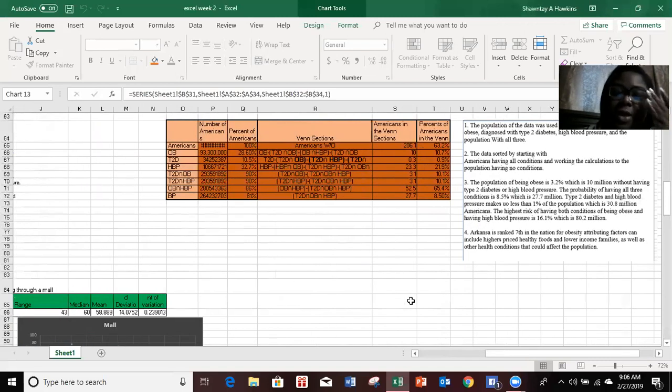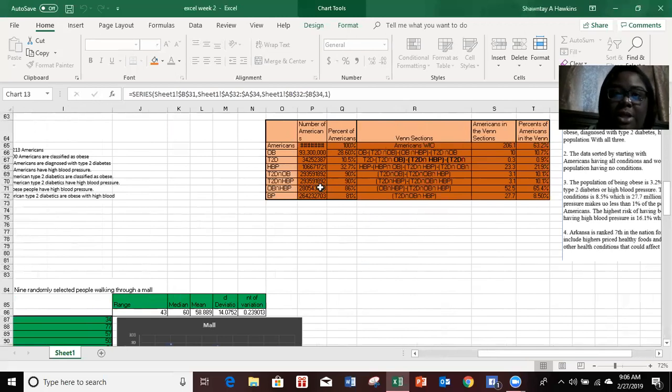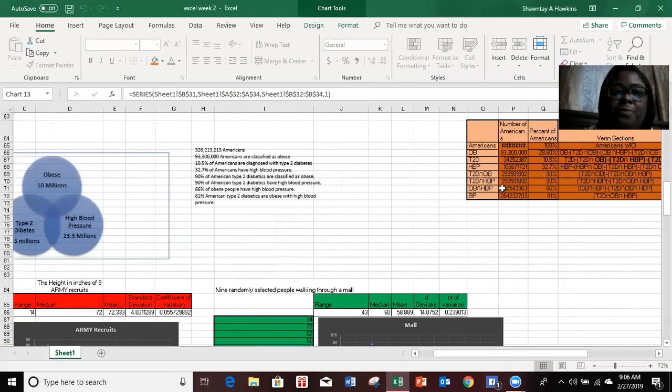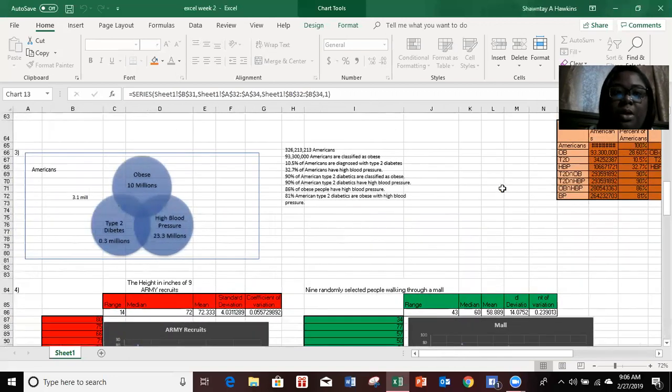Got to eat healthy. And these are the different numbers here on the graph to show you how it's calculated in percent and in decimals here. And we also have it here. So yeah, I think that's pretty neat.